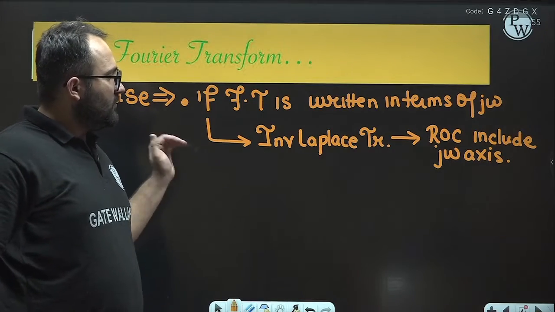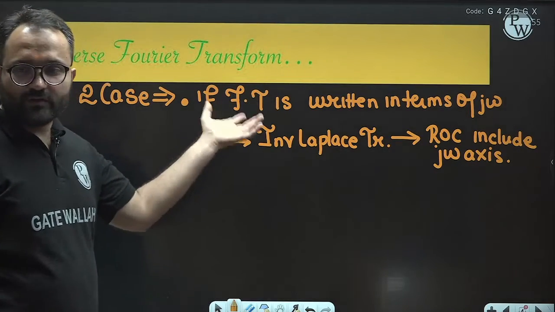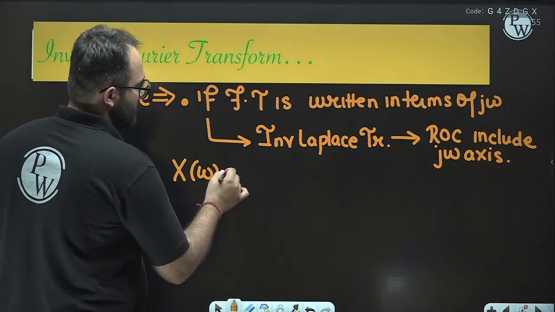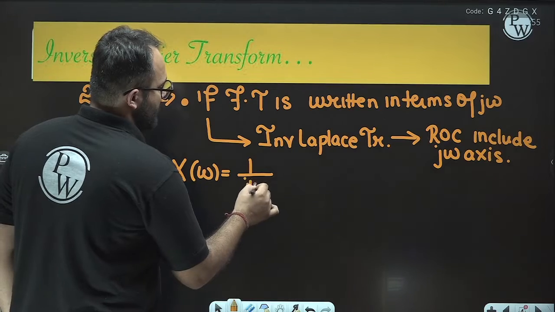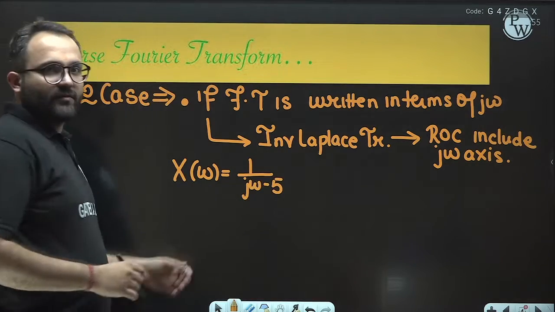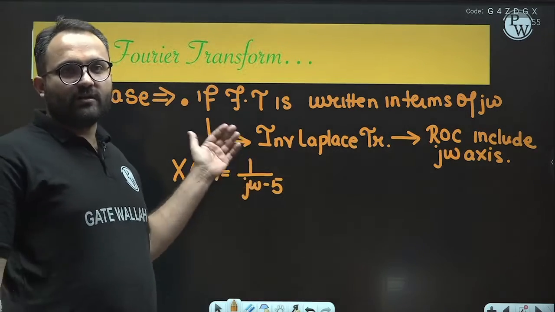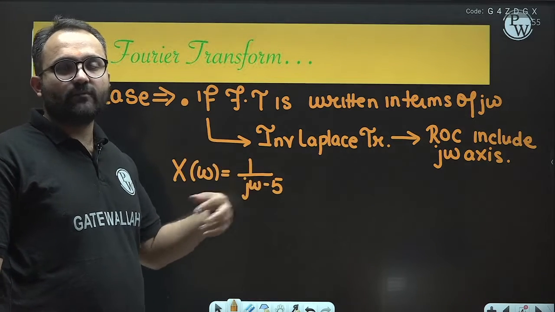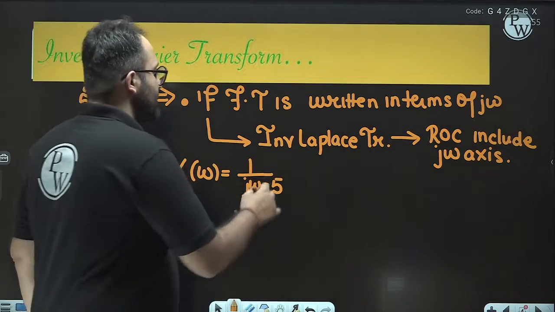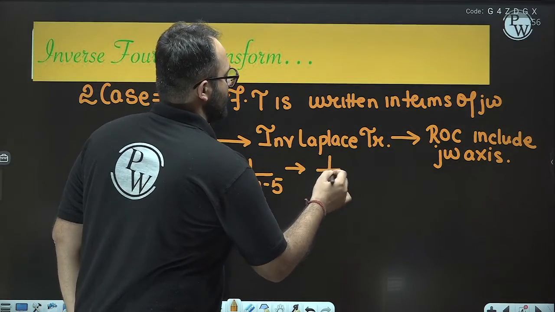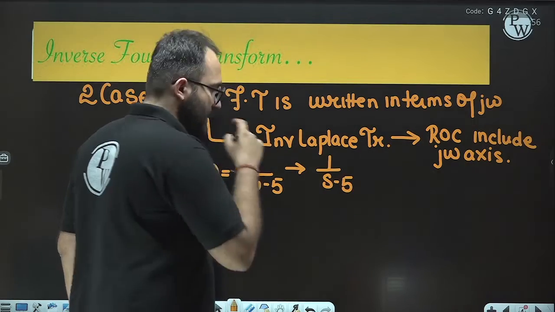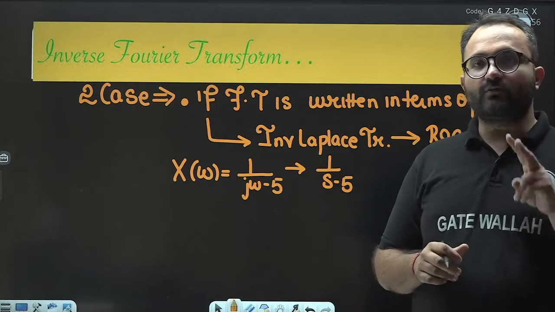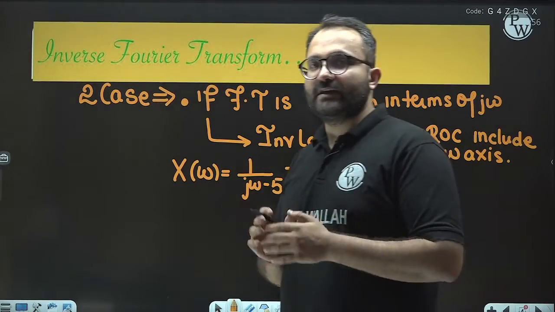Now the example for this case is, suppose X of omega is equal to 1 upon j omega minus 5. So this is a polynomial function in the denominator, right? We'll write j omega as s, so we'll write this as 1 upon s minus 5. Now since the pole location is at 5, we can have two ROCs, sigma greater than 5 or sigma less than 5.